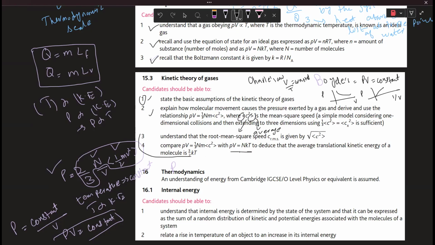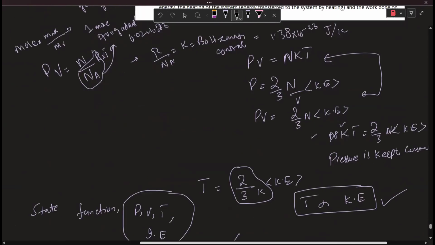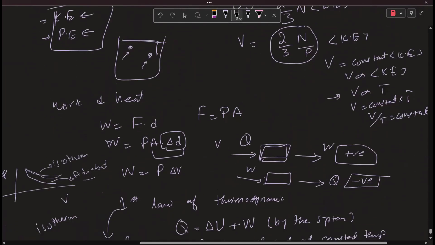We have discussed this part. We have derived this equation, 3 by 2. Only this part is left. We'll discuss it later. Let's discuss the basic assumptions of kinetic particle gas theory.